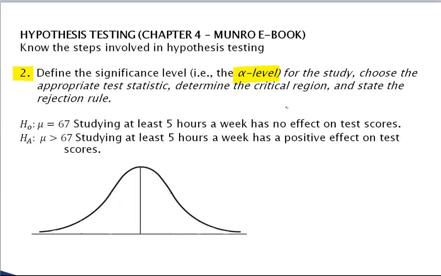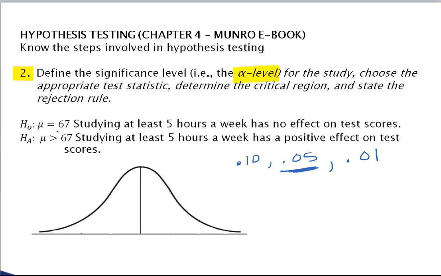The reason being is we don't want to get all of our calculations and all of our data and then say, oh, I want the alpha level to be bigger. So we don't want to change it at all to fit what we want to happen. So this alpha level, quite often, we see alpha levels of 0.10, 0.05. Basically for our course, we're looking at 0.05 most of the time, and 0.01 would be another alpha level.